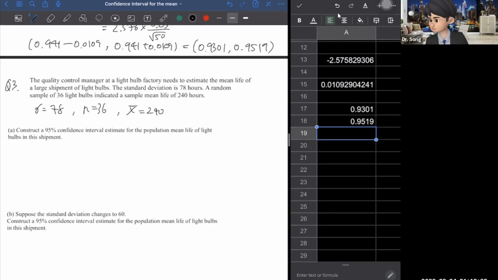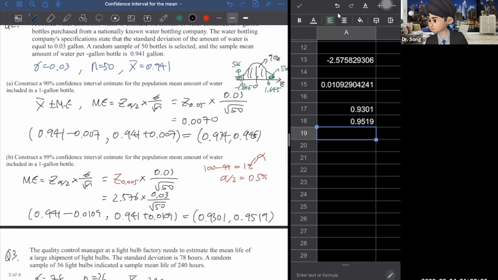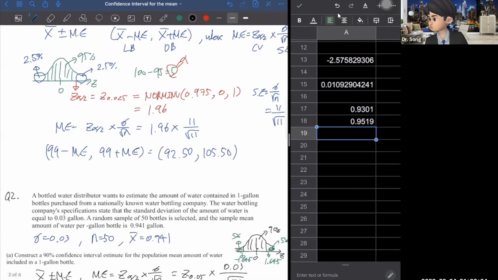So it's straightforward. For the first question, we want to construct a 95% confidence interval. So we first need to calculate the margin value, which is Z 0.025, 2.5%, times sigma over square root n. We already found this Z value, which was 1.96.